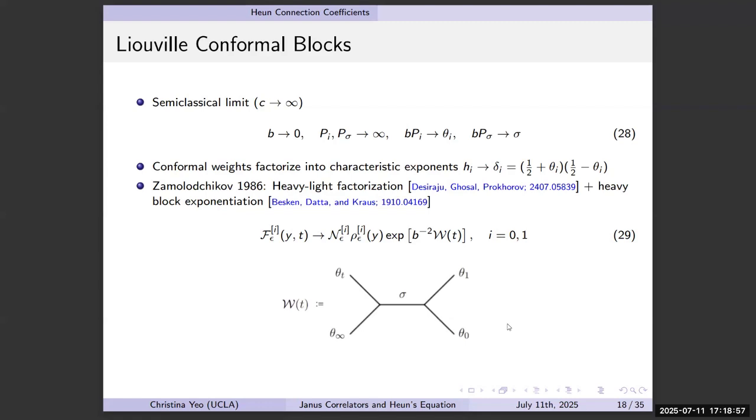C equal infinity means the semi-classical limit. Why? What do you mean the semi-classical limit? Taking C to infinity. Why is it semi-classical? Yes, semi-classical limit means the limit in the gravity or in the CFT side. This is what's called the semi-classical limit in the Liouville CFT theory. Why? I'm not sure if looking at this in a gravity angle makes sense because it's definitely not holographic.